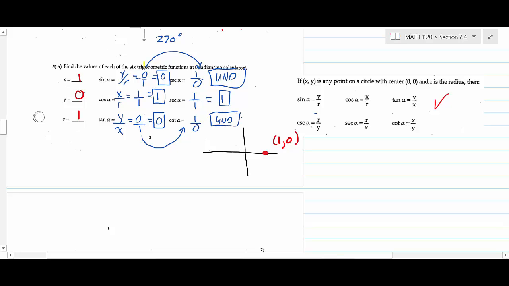So what you're going to find on these quadrantal angles, I mean, that's the way you figure this out in your head, is if you know the definitions and know that point, you can figure them out. And what happens is they have a pattern. Notice I have 2 zeros for an answer, 2 undefined, and 2 ones. That's the way it will be. If you go to 90, you'll get the same thing.